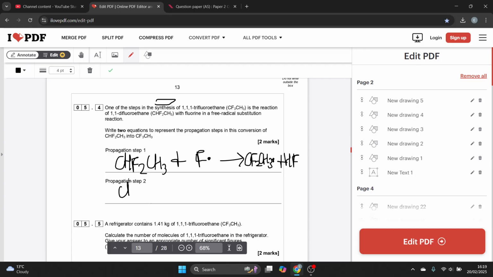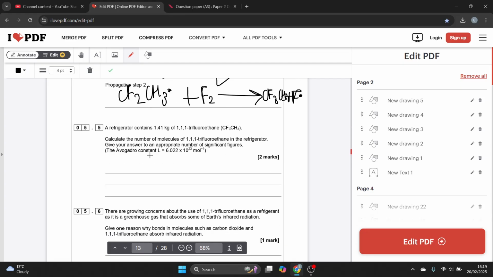Then CF2CH3 dot plus F2 to form CF3CH3 and reform the F dot. So CHF2CH3 plus F dot to CF2CH3 dot plus HF, and CF2CH3 dot plus F2 to form CF3CH3 plus F dot.